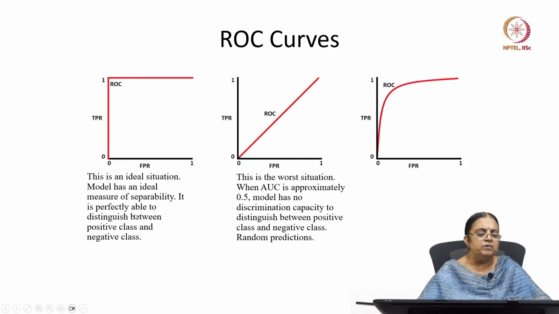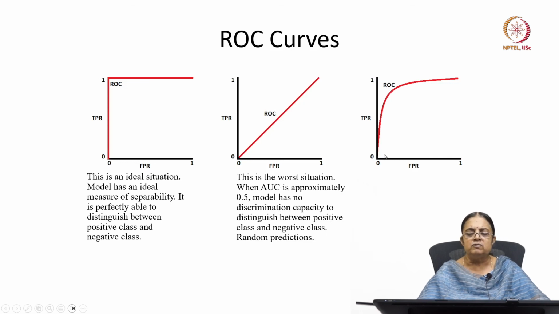It means that it's perfectly able to distinguish between the positive and the negative class. And this is the worst that you can have, where area under the curve is approximately 0.5, that's half the amount, and the model has no discrimination capacity to distinguish between positive and negative class.